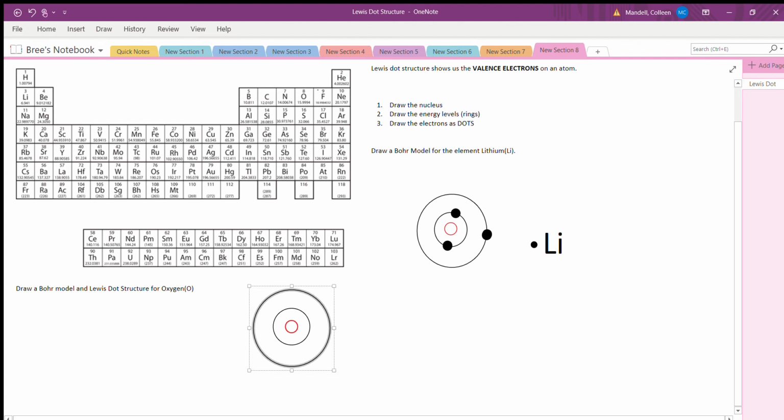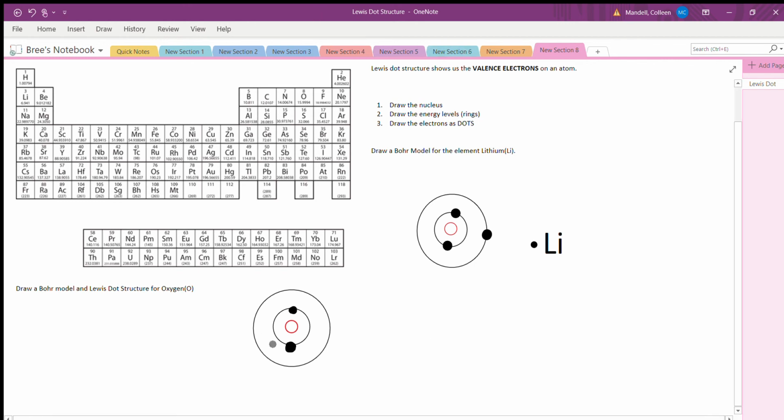I see oxygen has an atomic number of 8, so oxygen needs 8 total electrons. Let's put those on there. I know 2 electrons go on my first ring, and no more.